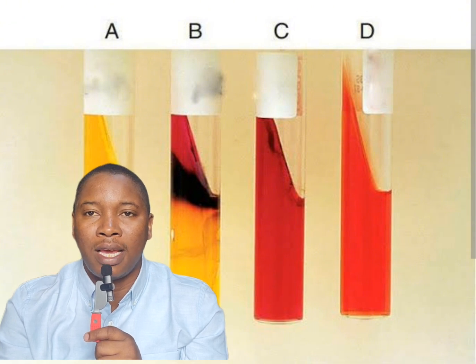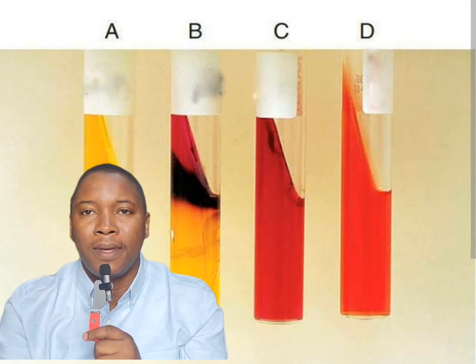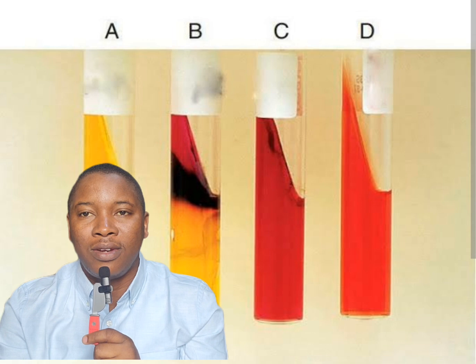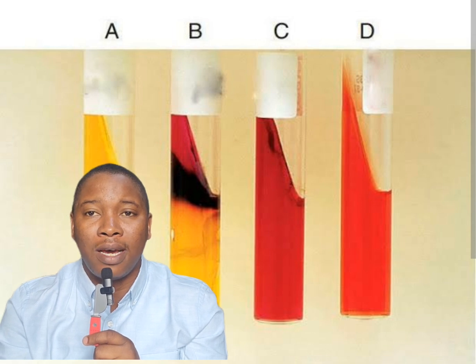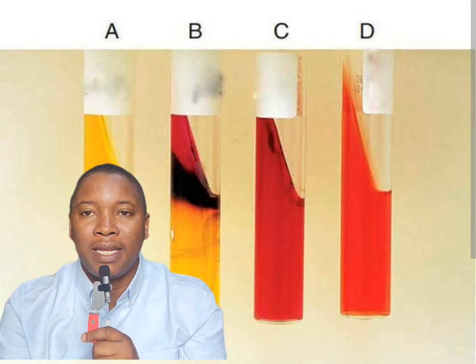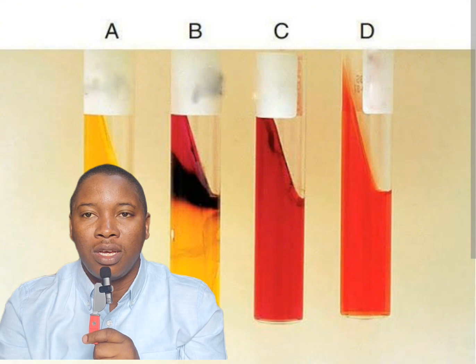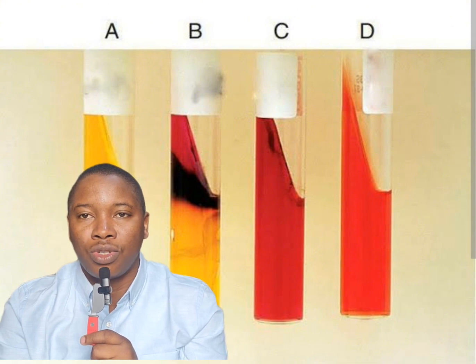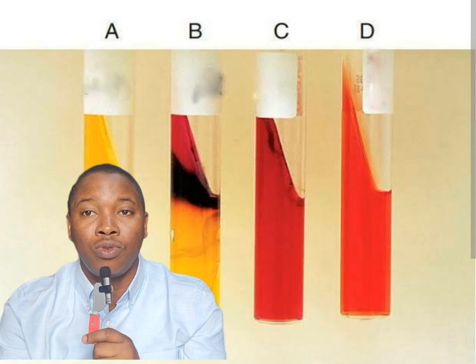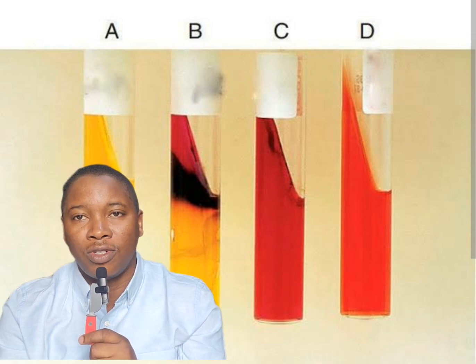it is interrogating three different things. One is the ability of the bacteria to ferment different types of sugars: glucose, lactose, and sucrose. So it's investigating the ability of the bacteria to ferment or make use of any of these three kinds of sugars.